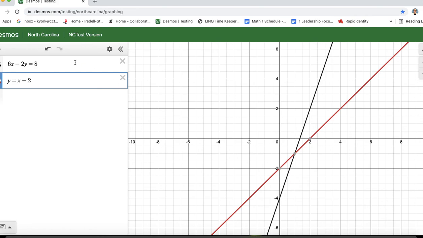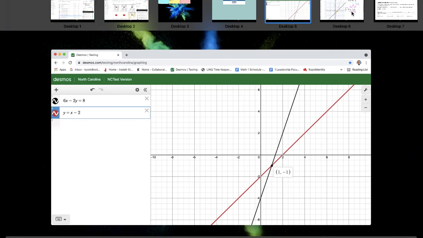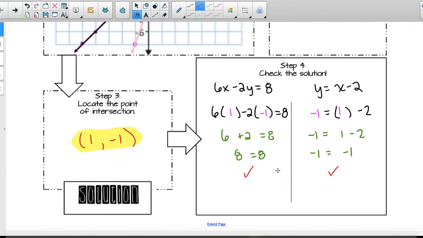So my 6x minus 2y equation is in black, and my y equals x minus 2 is in red. I can see where these two lines cross is at 1, negative 1. I get the exact same answer, but I did not have to put them into slope-intercept form if I am using Desmos. If I am graphing it by hand, I must have them in slope-intercept form. And that is how we solve systems of equations by graphing.